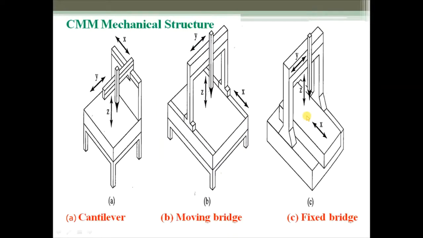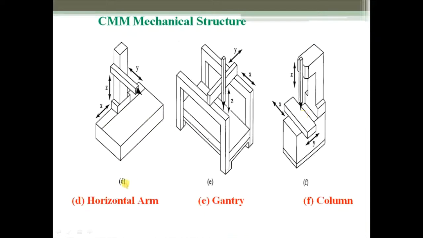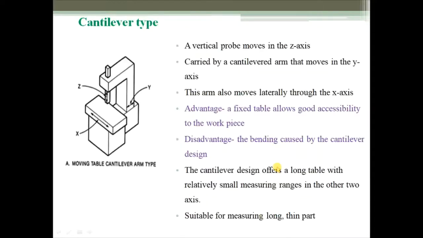Now we are going to see the types of CMM machine: cantilever, moving bridge, fixed bridge, horizontal arm, gantry, and column. These are the types of CMM machine. Let us see one by one in detail.